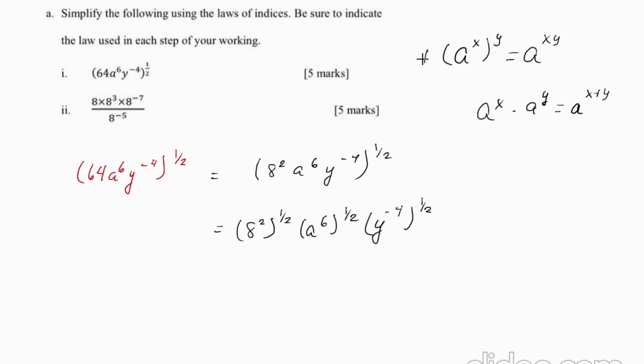Take a look at what we have. This becomes 8 to the 2 multiplied by 1/2, and then this is multiplied by a to the 6 multiplied by 1/2, and then this is multiplied by y to the minus 4 multiplied by 1/2. So this becomes 8 to the first power.